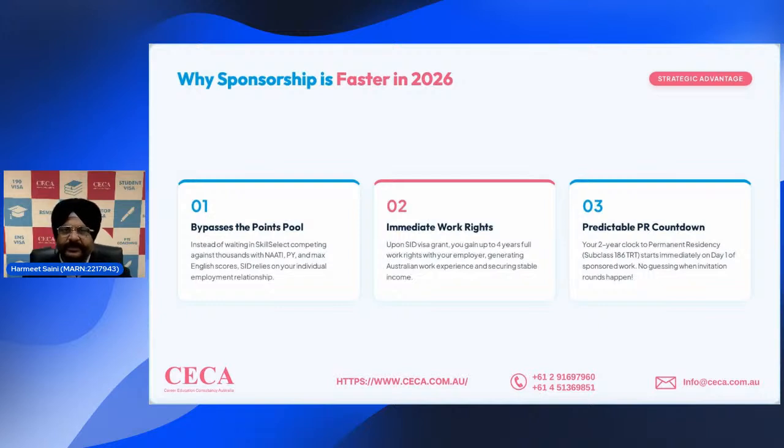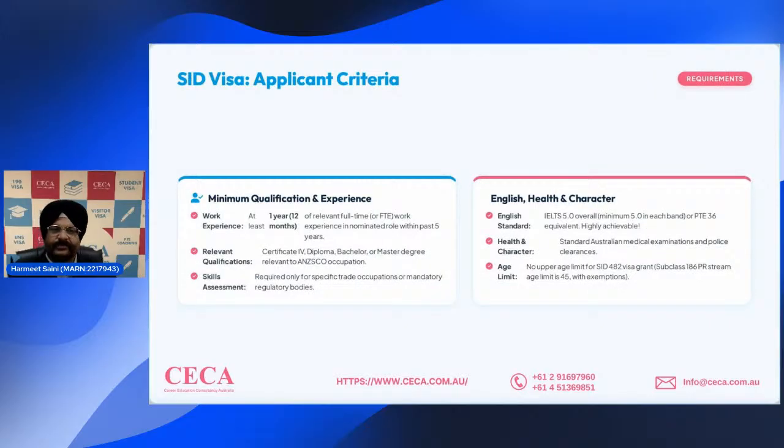After 2 years of holding this visa, you can apply for permanent residency subclass 186 on the TRT stream. Or you can even apply through the direct entry stream if you're meeting the English skill assessment and work experience requirements as well.